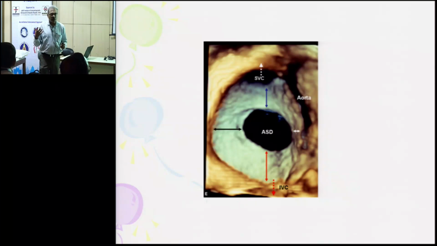Otherwise, what is the usual size of rim that you need? Aggressive people will say 3 or 4 also, but 5 is adequate. For starters, 5 to 7. So you can measure it, and certainly these are all larger than 5 millimeters.